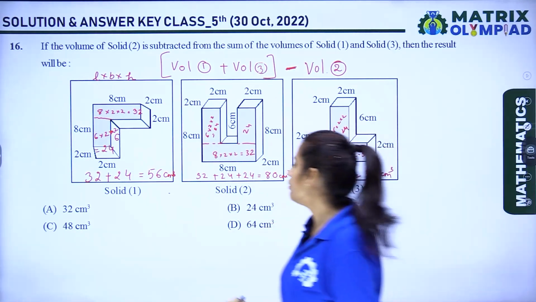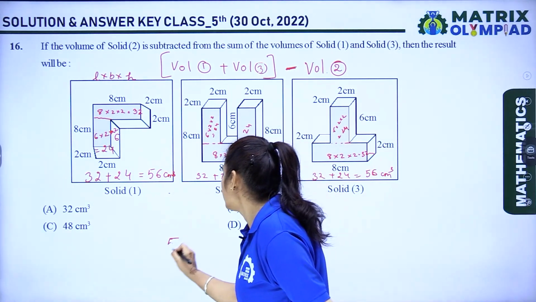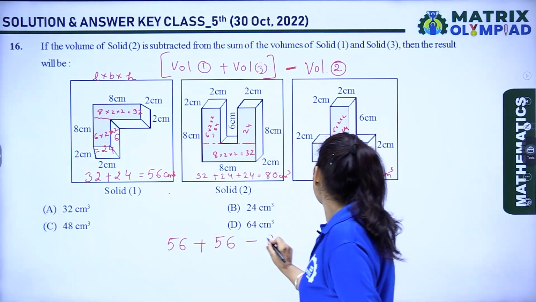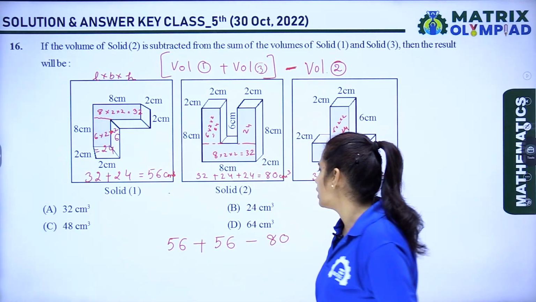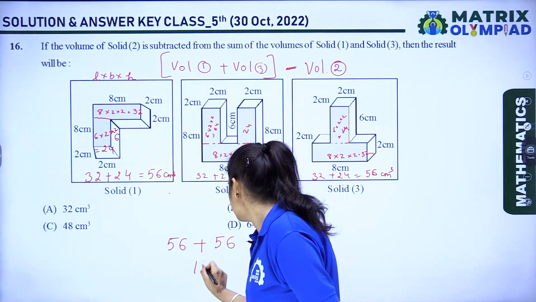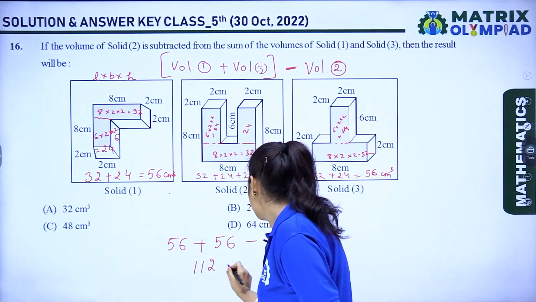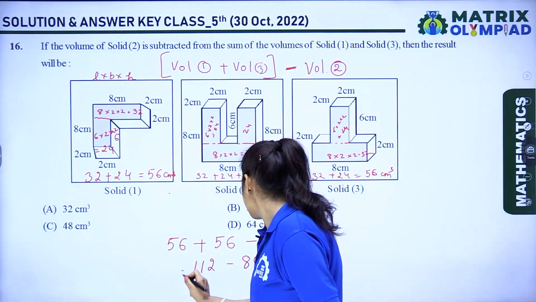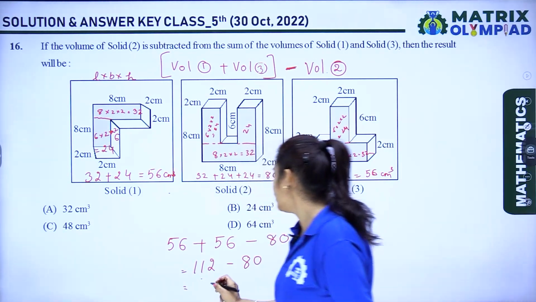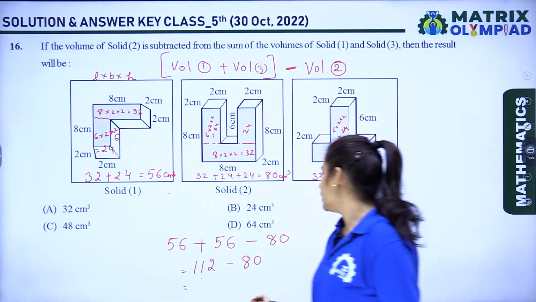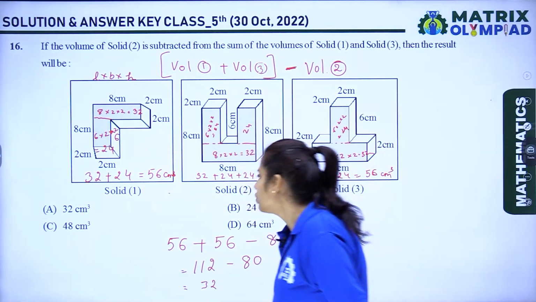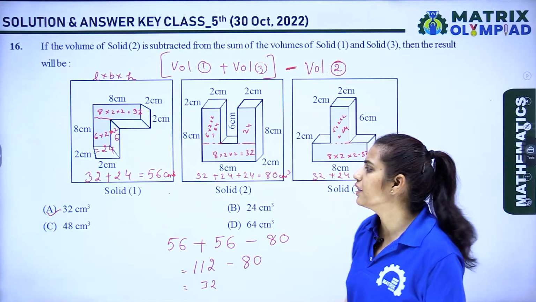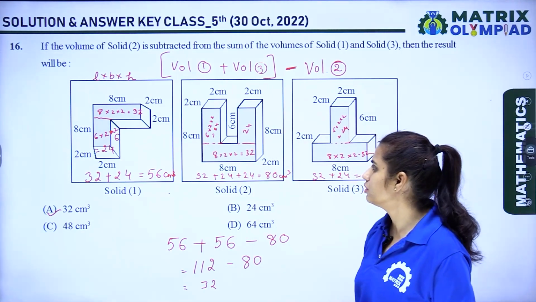Now let's put the values. 56 plus 56 minus 80. So here we get 112 minus 80. After doing the calculation, 112 minus 80 will give us 32. So here option A is the correct answer, that is 32 centimeter cube.